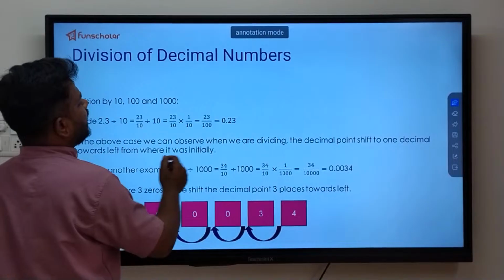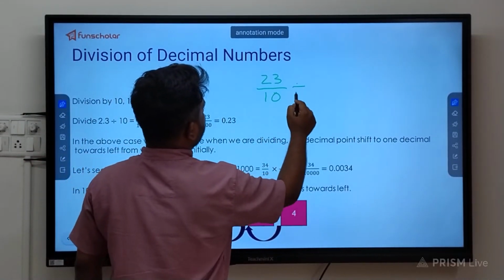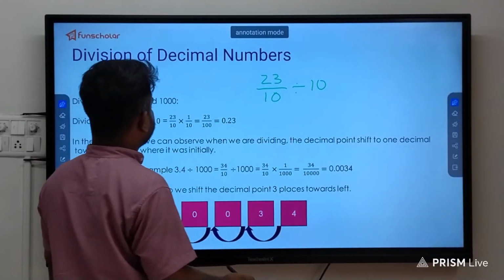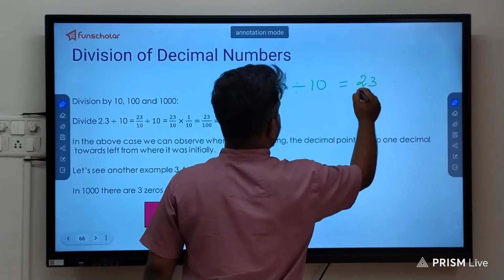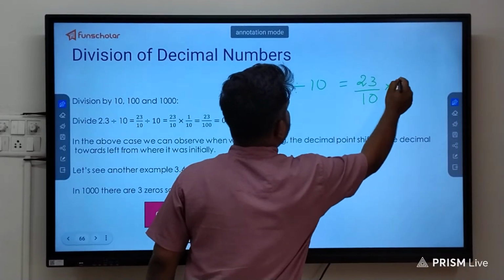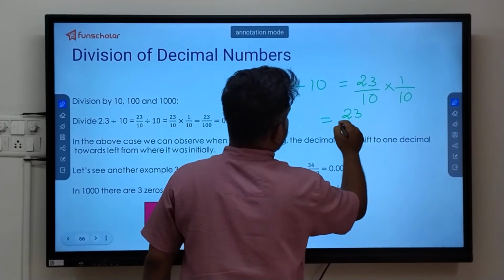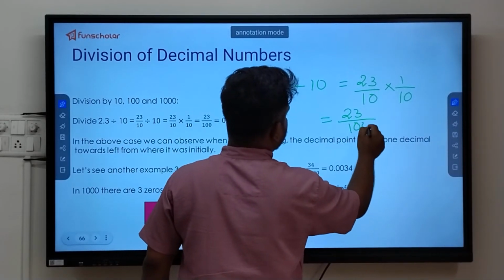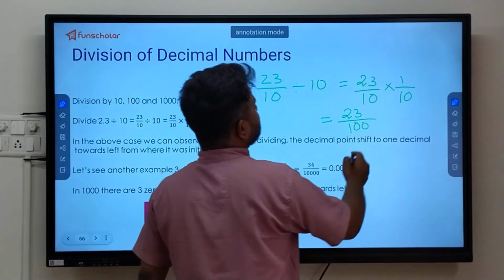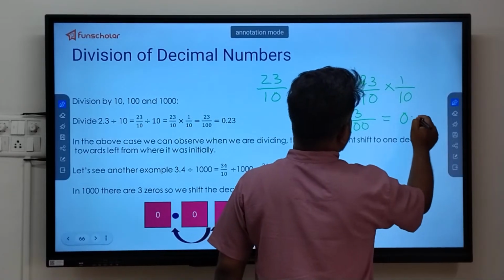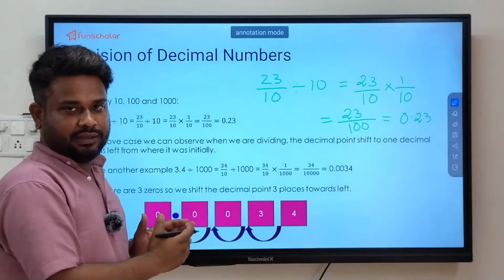You can also do it like this, like 23 divided by 10, and then you can flip the 10 by writing 1 by 10, then multiply it, and again in the last place you have to do the same thing: placing the point 2 digits earlier.